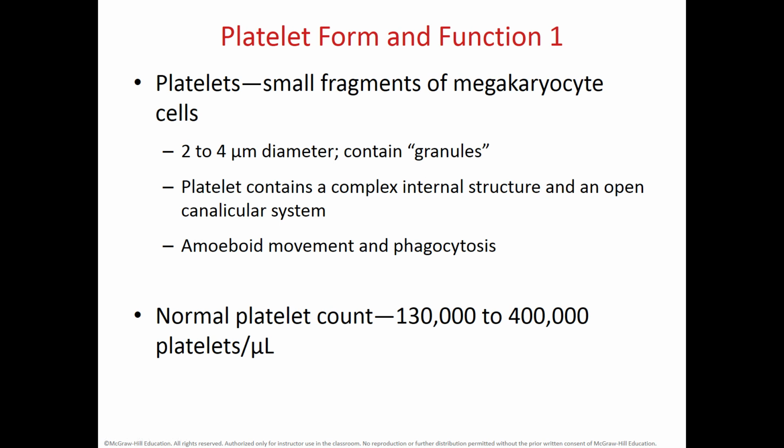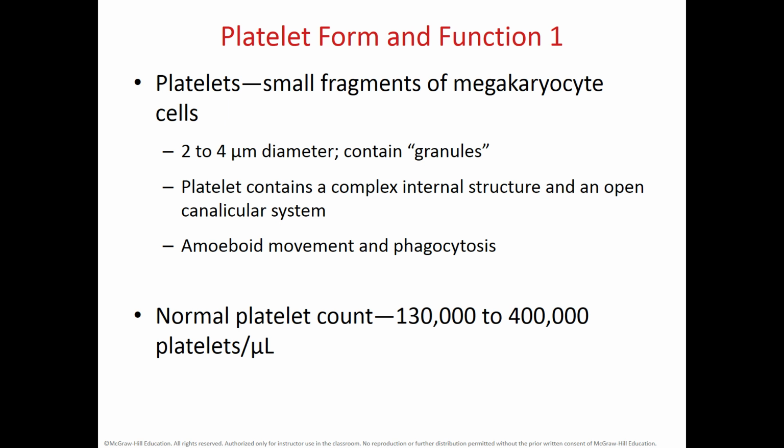Again, the platelets are small fragments of the megakaryocyte cells, and their diameter is between 2 to 4 micrometers, and they have granules. Within these granules, they have chemicals that help to prevent overbleeding. And the platelets also have a canalicular system.